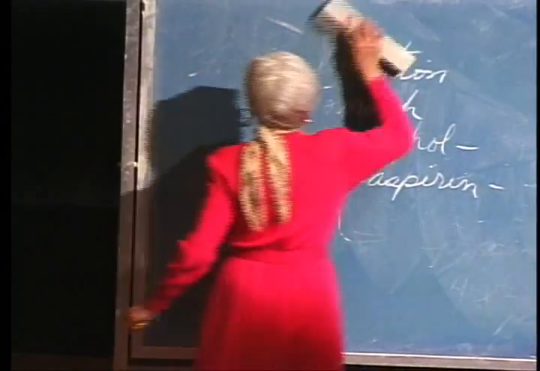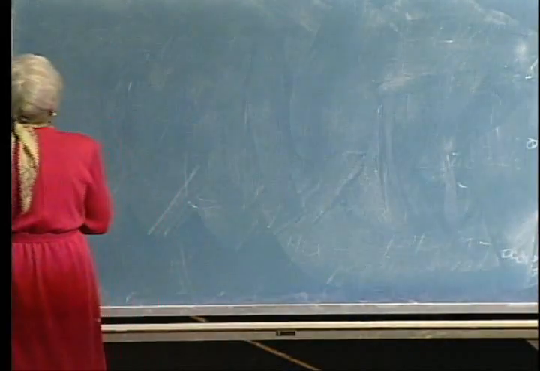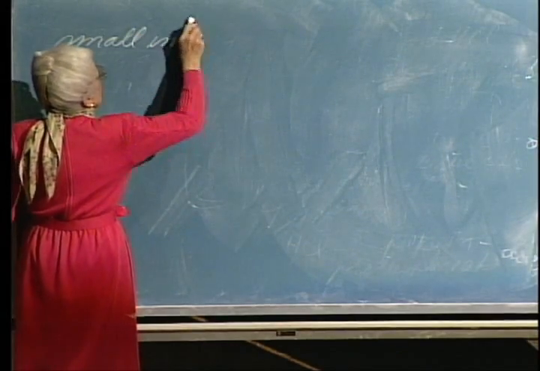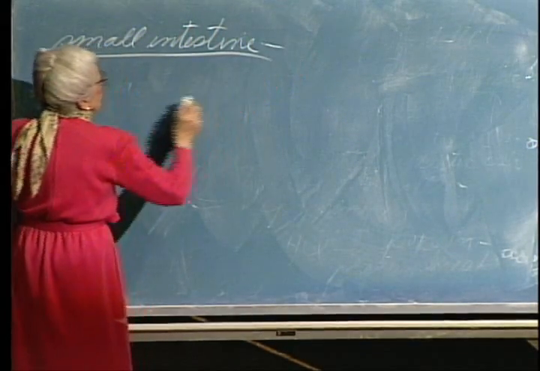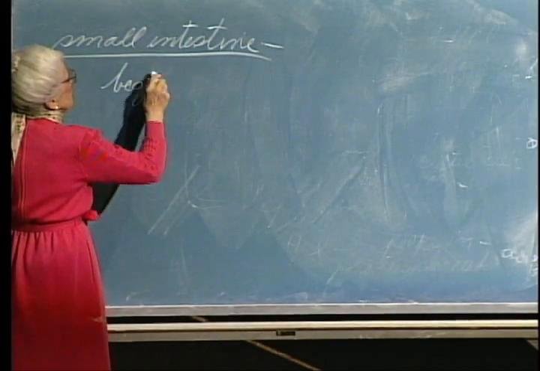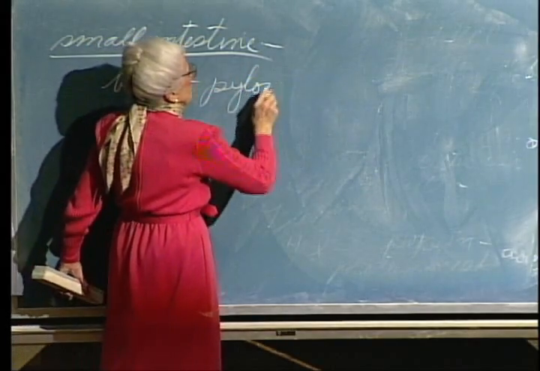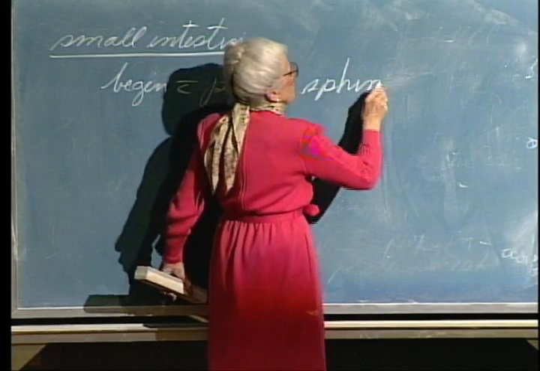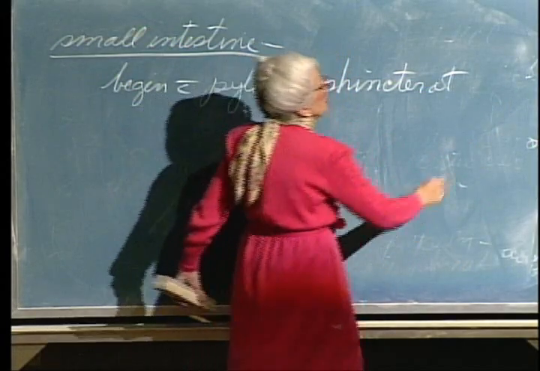And the small intestine will extend then from our pyloric sphincter. At what vertebral level is our pyloric sphincter? It will begin with our pyloric sphincter at, is it T1 or 2?